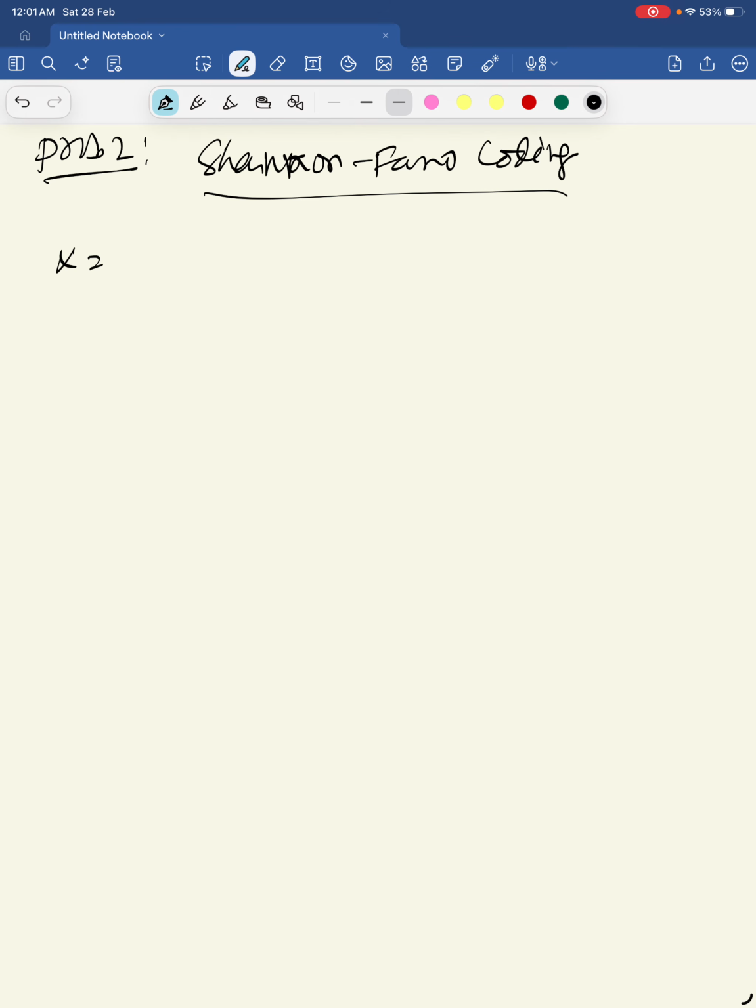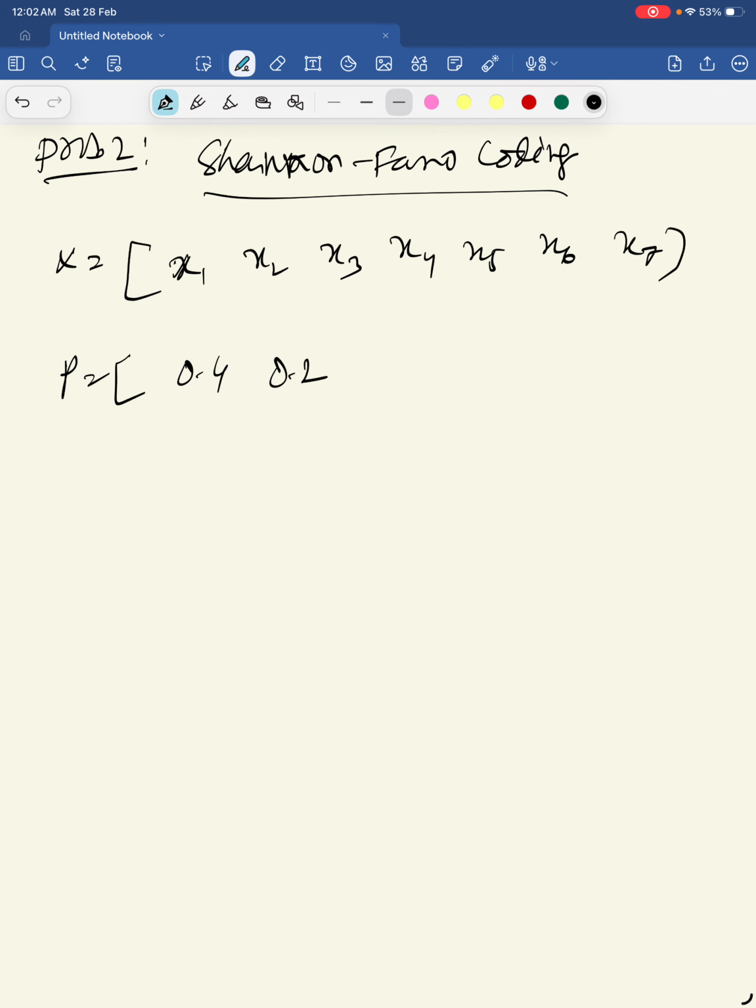X is equal to x1, x2, x3, x4, x5, x6, x7. The probabilities given are 0.4, 0.2, 0.12, 0.08, 0.08, 0.08, 0.04.